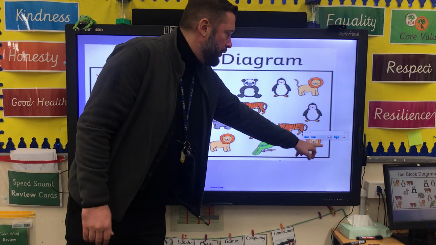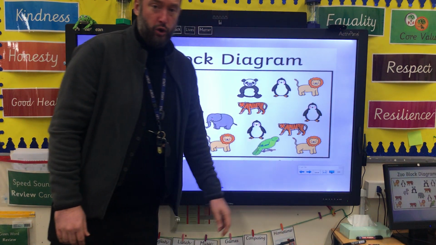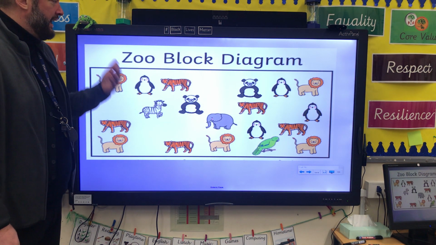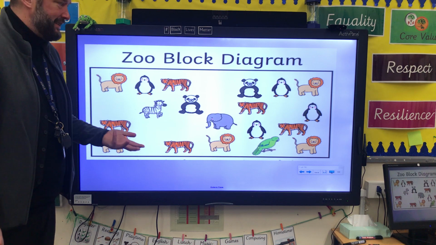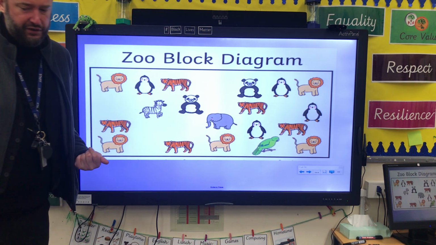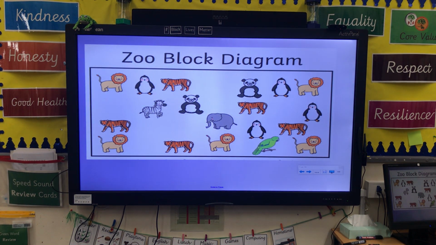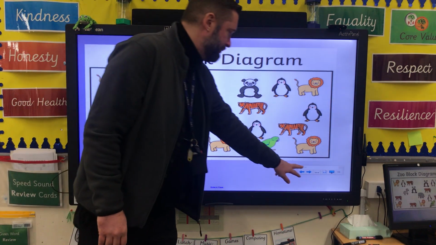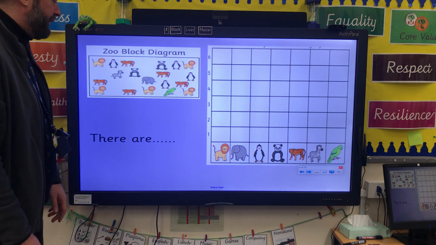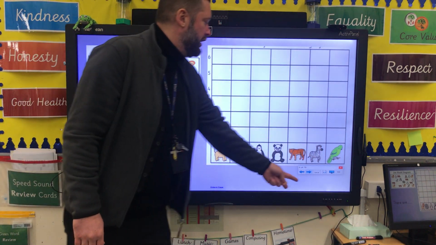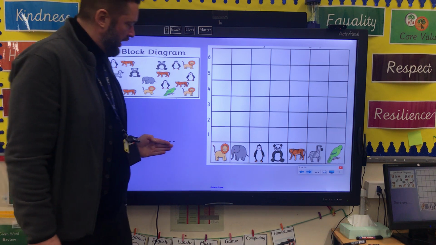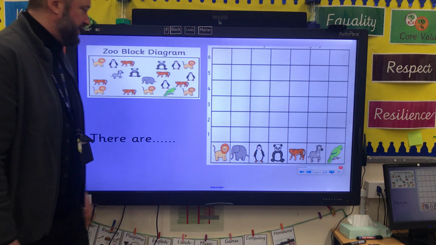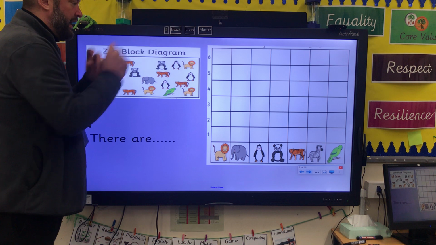Okay, now we're going to move on and we're actually going to start drawing our block diagram. Here's some information or some data about animals in a zoo. Just have a look at that data. Right, I'm going to turn that data into a block diagram. I've got my block diagram here, I've got my scale, I've got my labels in pictures, and I'm going to turn this into a block diagram.